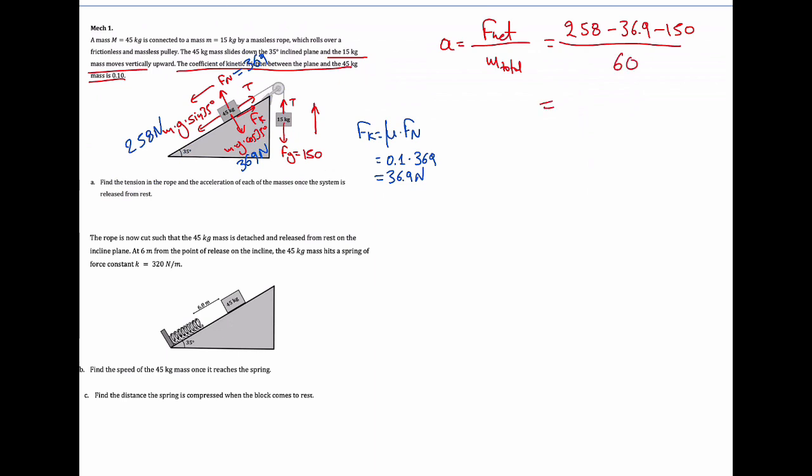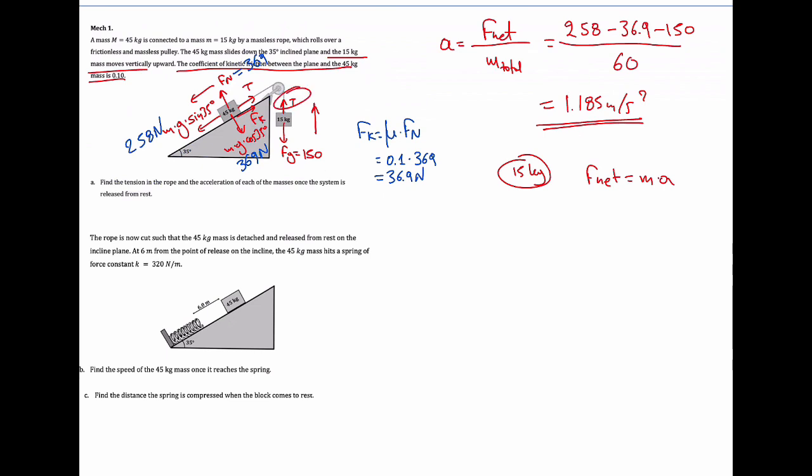Now we can find the acceleration, 258 minus 36.9 minus 150, and this divided by 60. The acceleration is 1.185 meter per second squared. We can find the tension working on the 15 kilogram object, by doing F net is equal m times a.